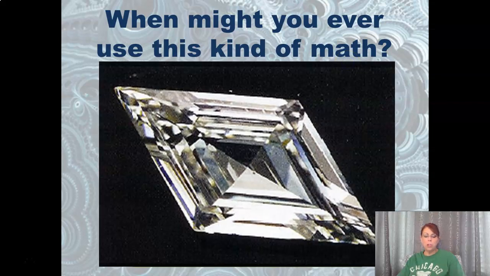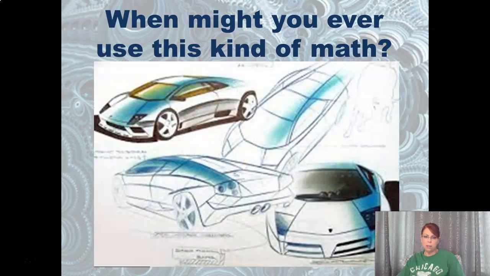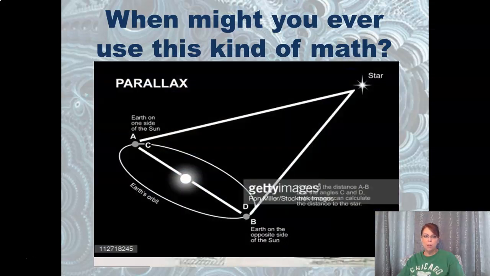If you want to be a jeweler, you would use this kind of math, or a gemologist. If you want to be in design, fashion design, you will use it. How about car design, working for any kind of auto manufacturer? They are going to use this kind of design process that will include this math.